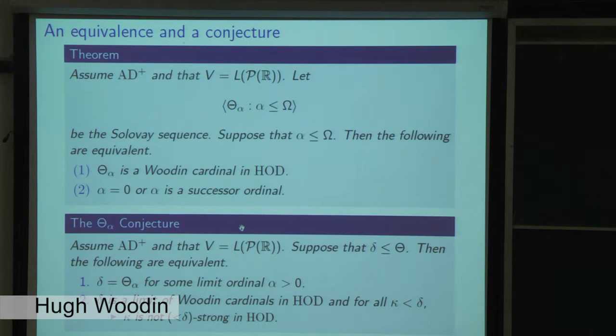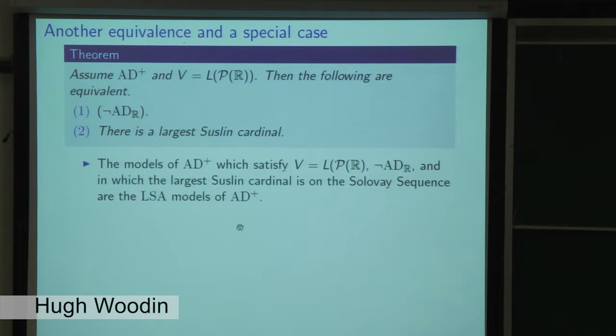All right, so I'm going to be making lots of conjectures. Assume AD plus and V is L of P of R, then out of AD plus theory, the following are equivalent: one, ADR fails, and two, there's a largest Suslin cardinal.